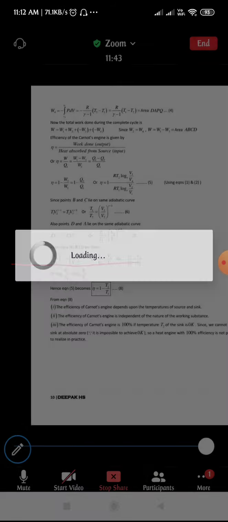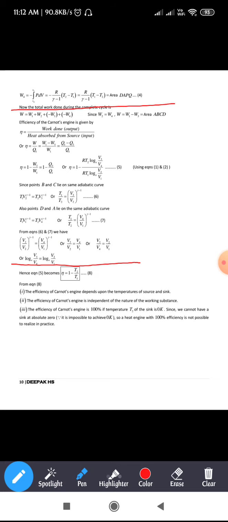Similarly, equation 4 is W4 is equal to R divided by gamma minus 1 into T1 minus T2. Since W2 is equal to W4, you can cancel them. What is left is W is equal to W1 minus W3.